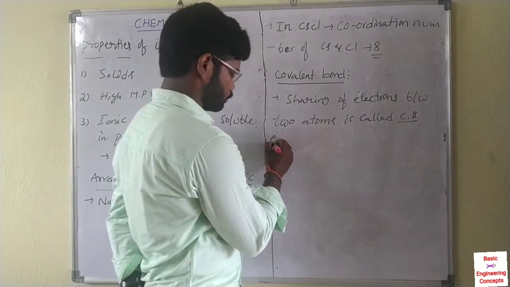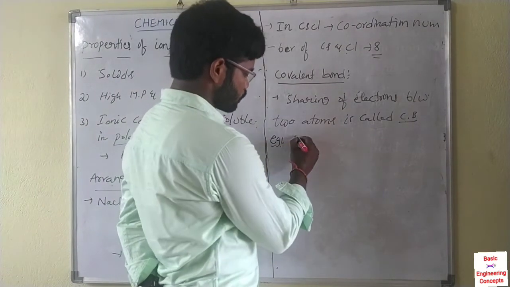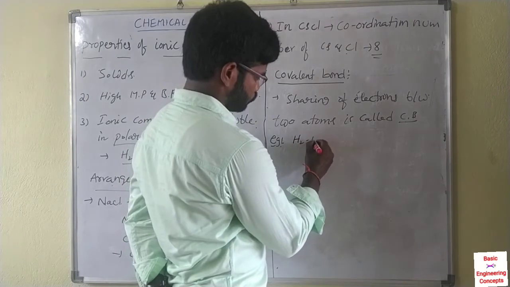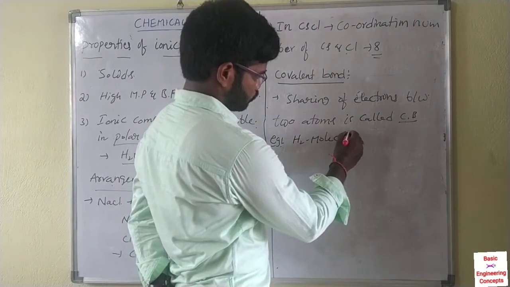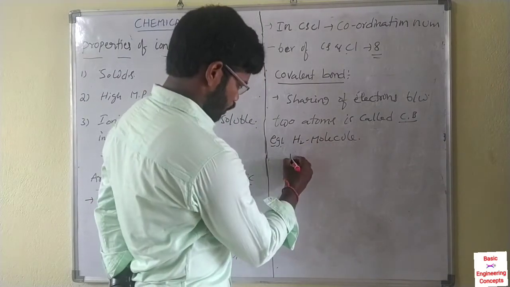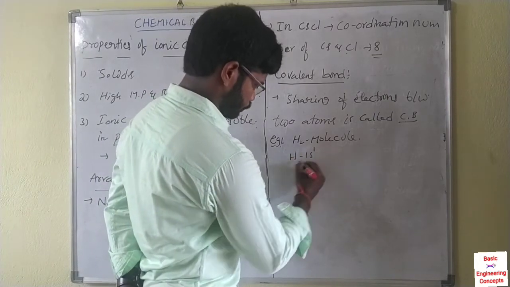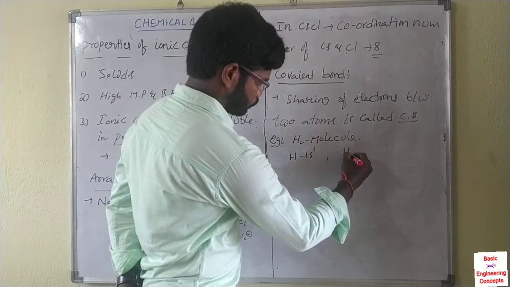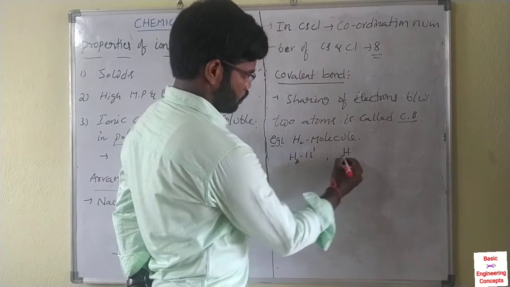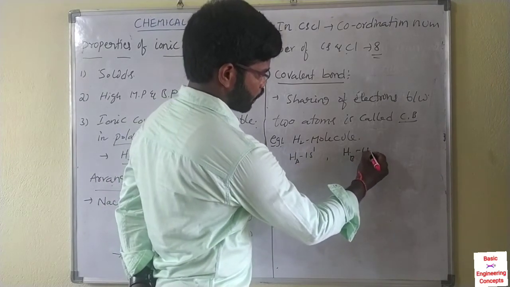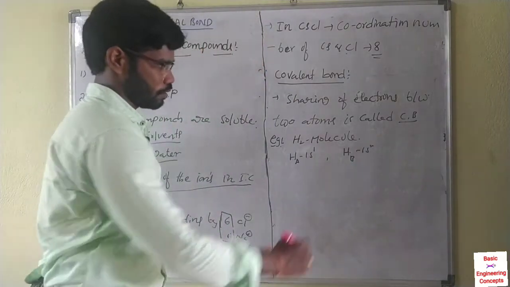For example, the H2 molecule. Hydrogen, its atomic number is 1, so 1s1. Another hydrogen, you can say Ha, Hb, its electronic configuration is also 1s1.